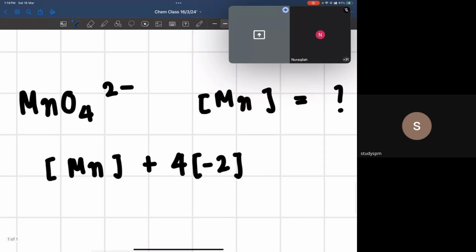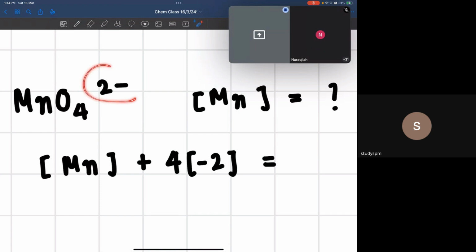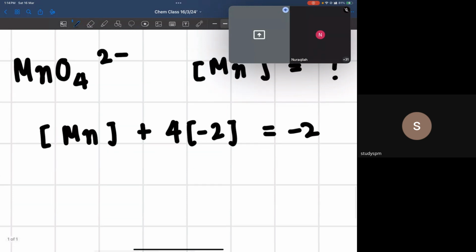Equal to, okay, this one is important, I say. So this one you drag here. Tapi don't put like this lah, okay? It's -2. So you put as -2. And then if you calculate, you will get -8, then +6. And in chemistry, SPM chemistry, the marking scheme is very strict.